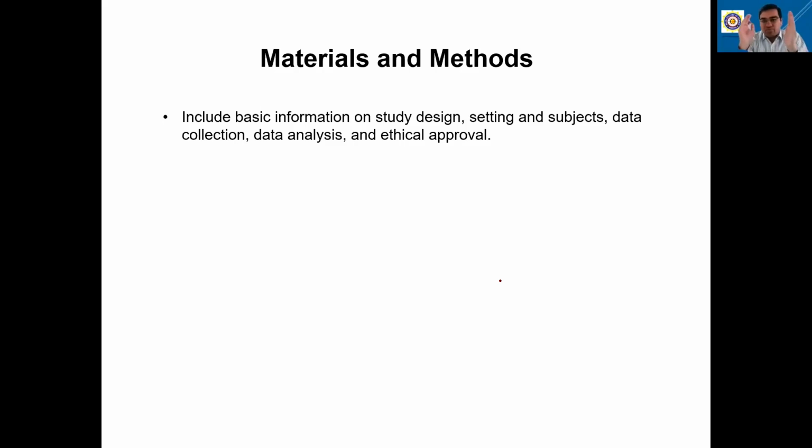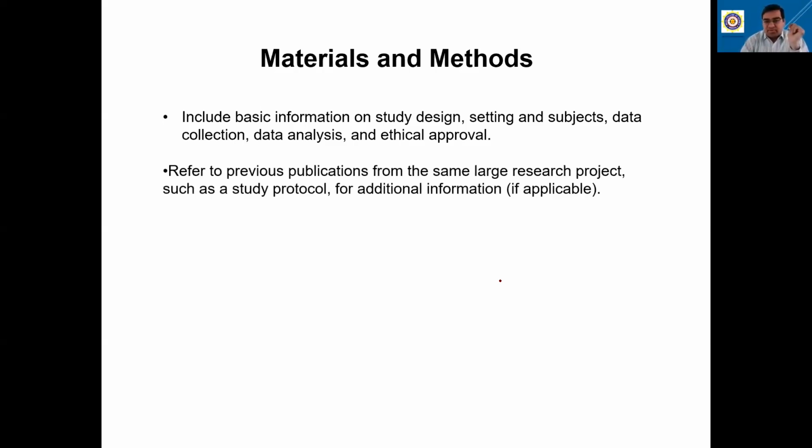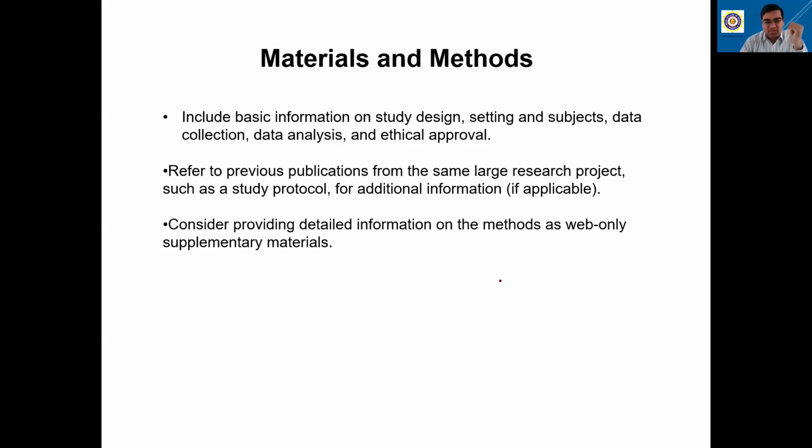And refer to previous publications from the same large research project, such as the study protocol, for additional information if available. This particular thing we write in the experimental section. I have not included an experimental section on any of the slides, so yes, materials, methods, and experimental, you can say.